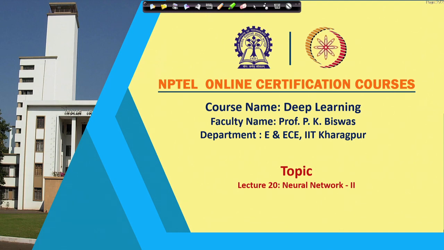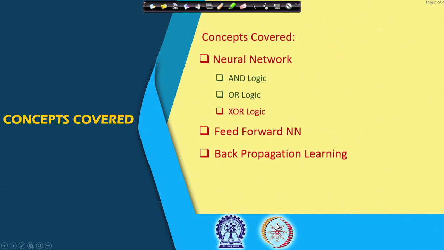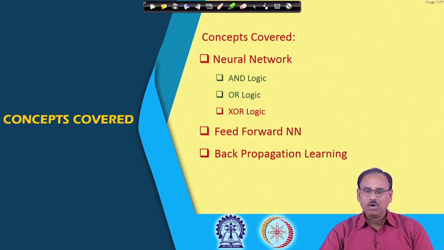In our previous lecture, we started discussions on the topic of neural networks, and we talked about implementation of two of the logic functions, the AND logic and OR logic, using the neural network.